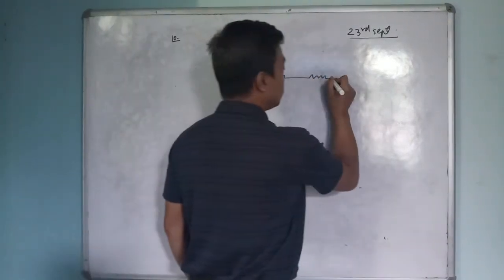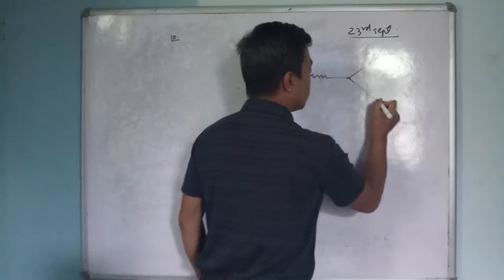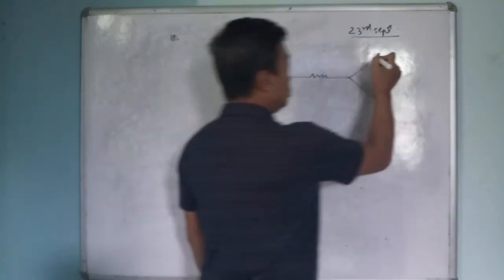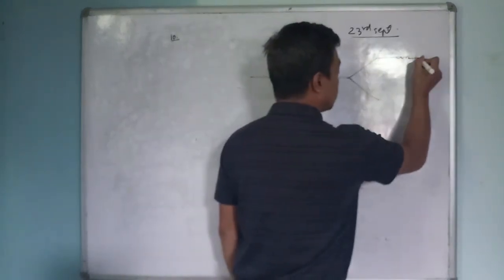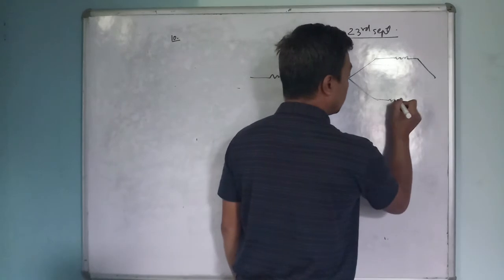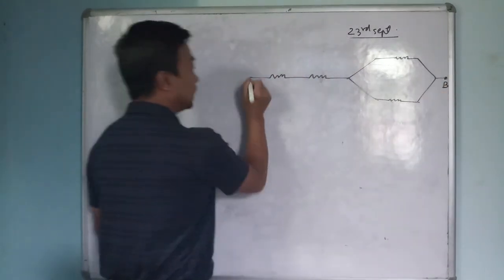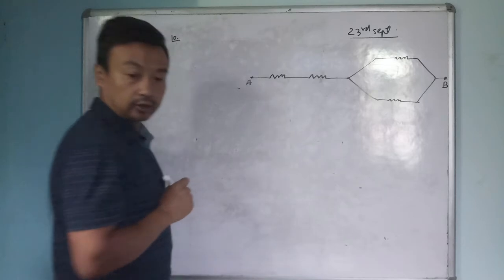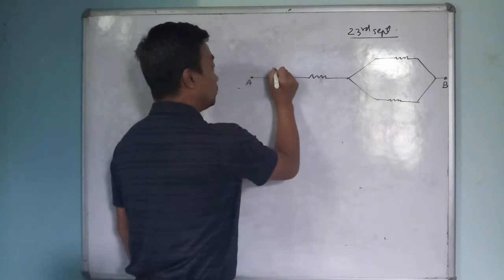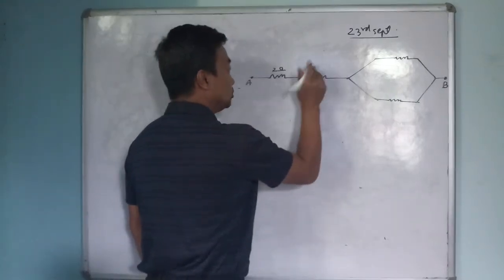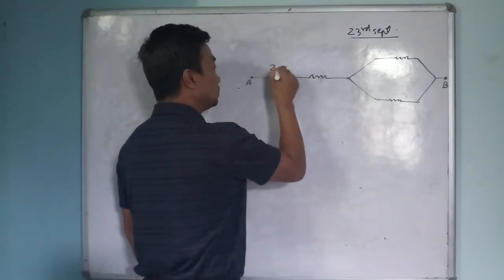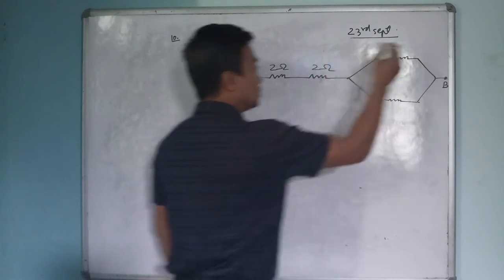Then from there you have something like this. Then 2 more resistors are connected like this. Then you have the end B, and this is the end A. The value of all the 4 resistors given to you is 2 ohm. This is also 2 ohm.